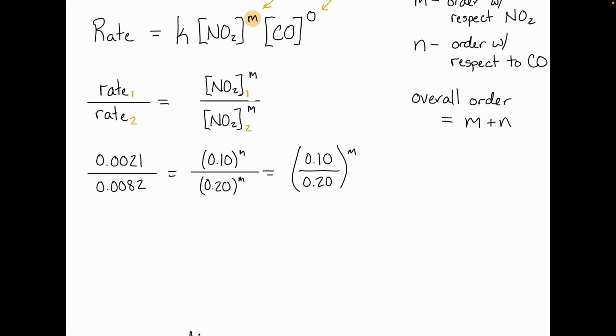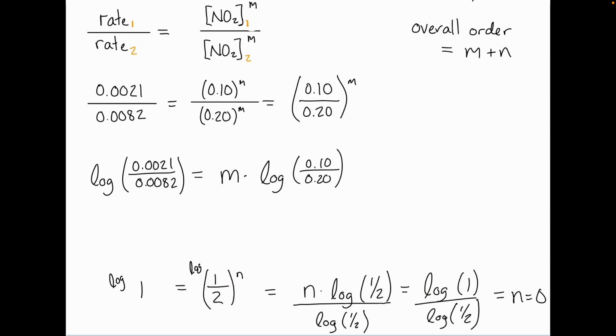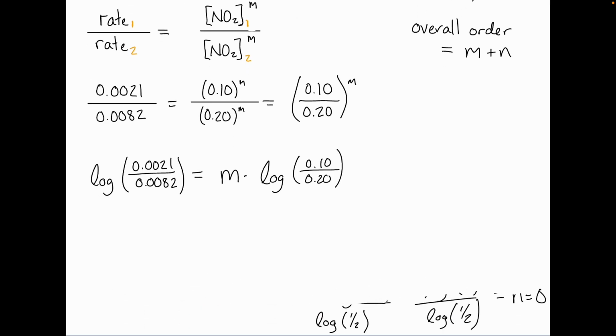Okay, so then I'm going to take the log of both sides. All right, and then to solve for m, I'm going to divide both sides by that log of 1/2.